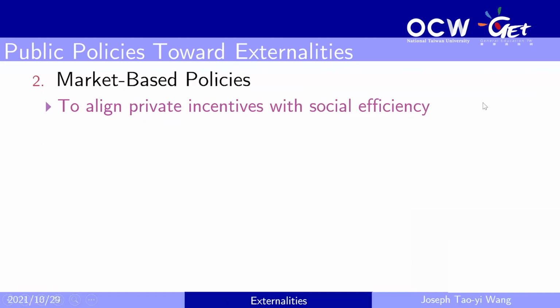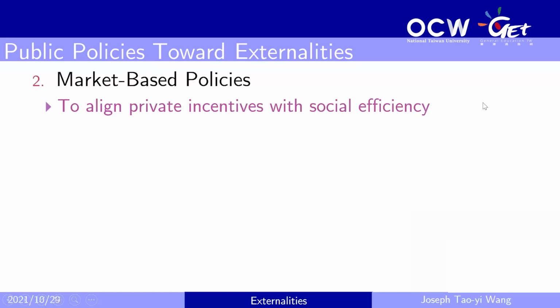And here, just by looking at this title, market-based policies, you know that the traditional idea that externalities are one of what we call market failure is wrong. Because if it's a market failure, how could you find a market-based solution? If you have a market-based policy that could solve market failure, then it's not a failure of the market.